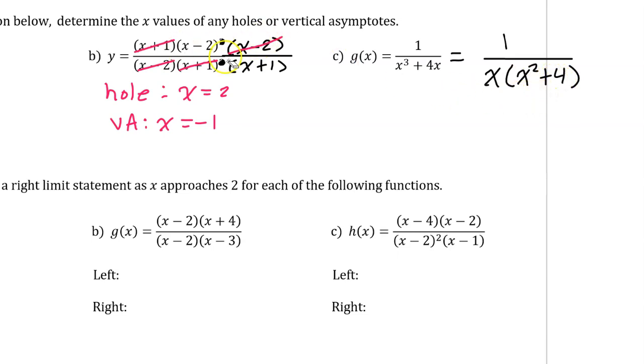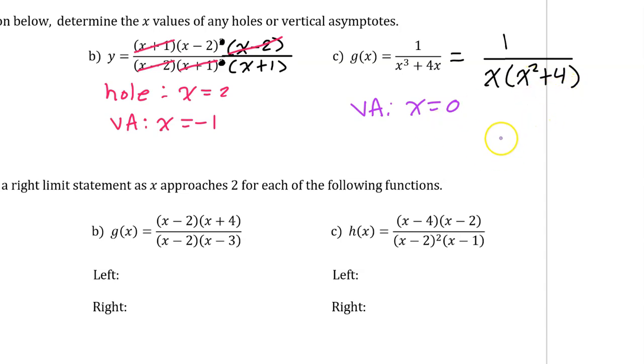So that means we will not have any holes because neither of these factors will cancel out. However, we will have a vertical asymptote at x equals 0 because of this x. Will I get any asymptotes from the x squared plus 4?